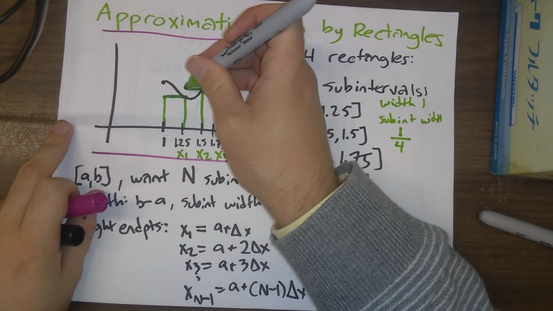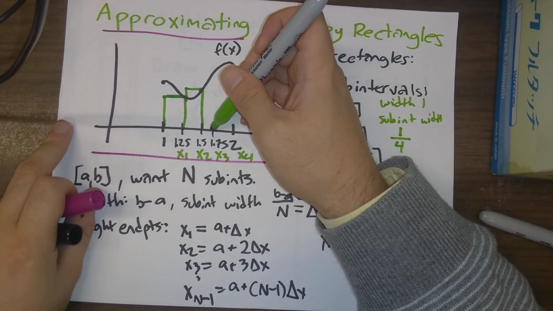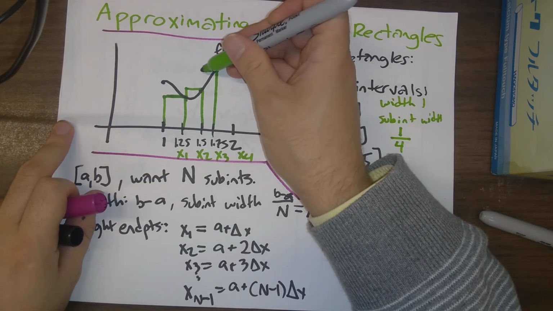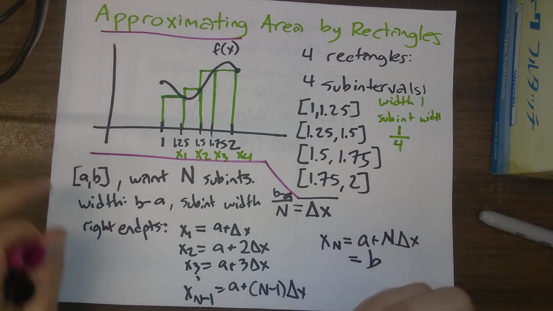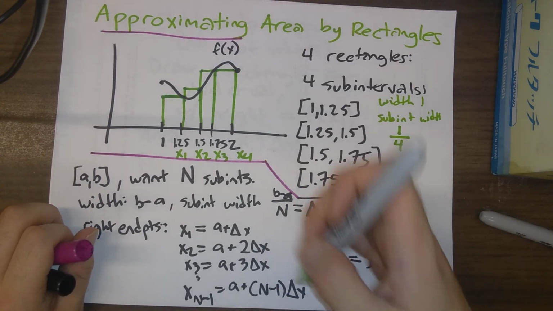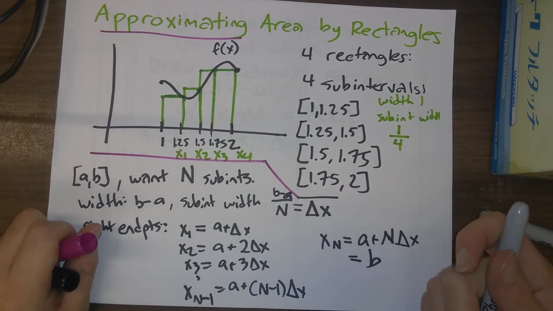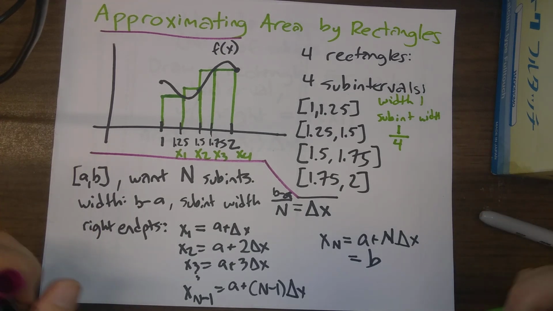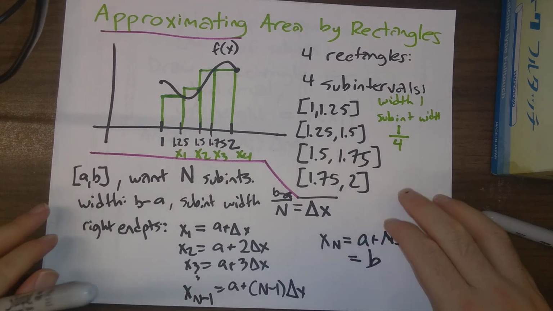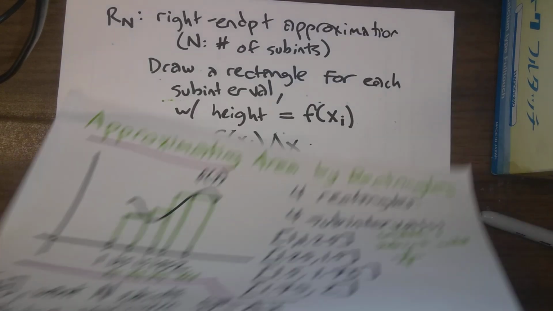Here is a rectangle of height f of 1.5. Here's a rectangle of height f of 1.75. And here is a rectangle of height f of 2. Coincidentally, those two are more or less equal here. But this is what we're doing. This is how we're constructing our first right endpoint approximation.